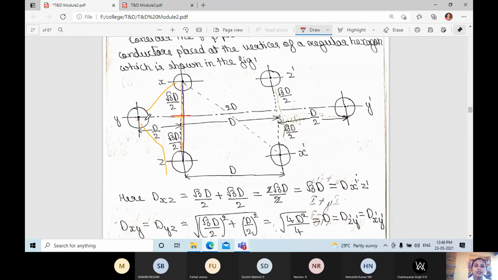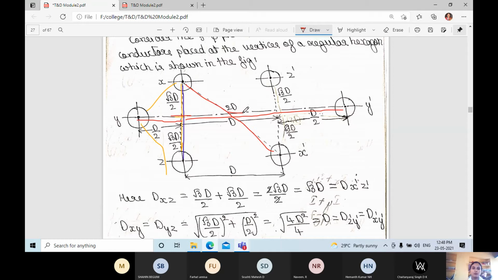And from here to here the distance is d by 2, and from here to here the distance is d by 2. From here to here the distance is d. Here the distance between x and z dash and z and x dash is d, and the distance between x and x dash is 2d.